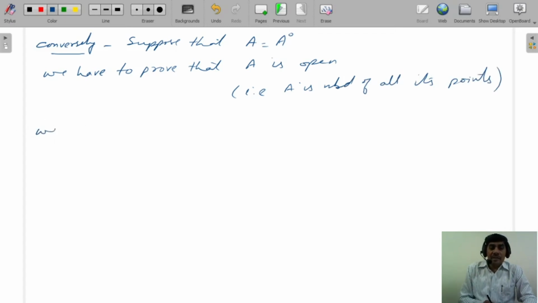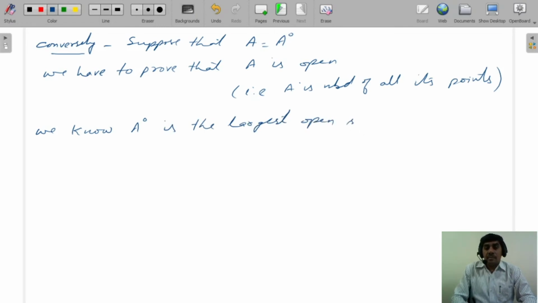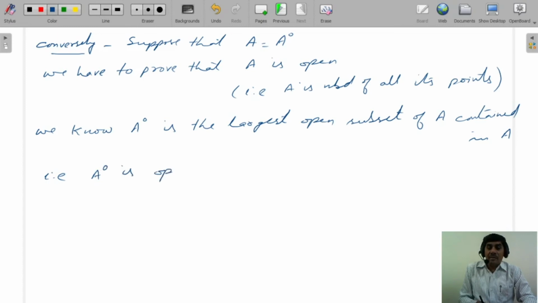We know that A interior is the largest open subset of A contained in A, that is, A interior is open.